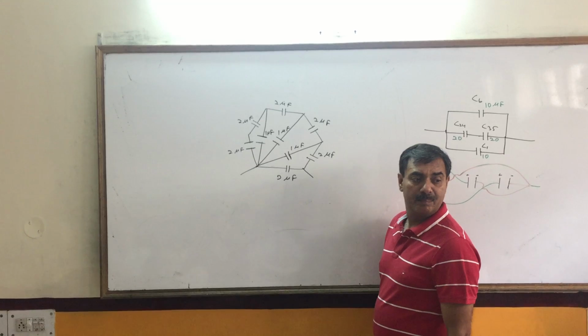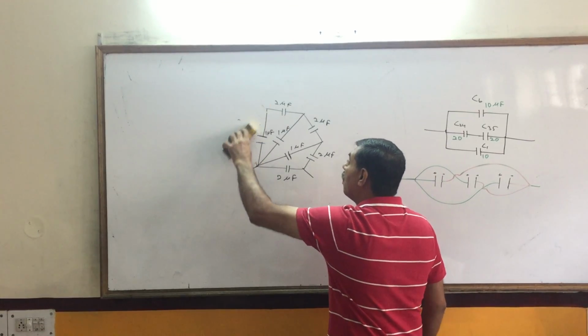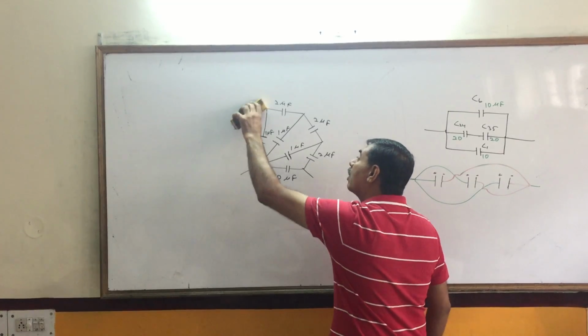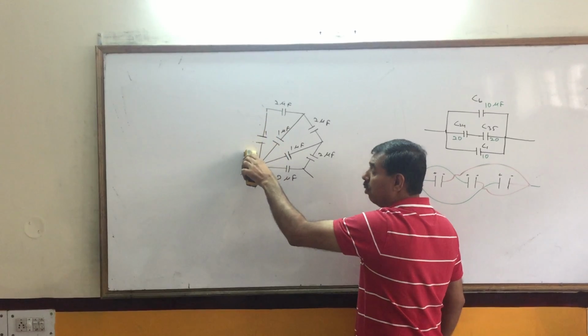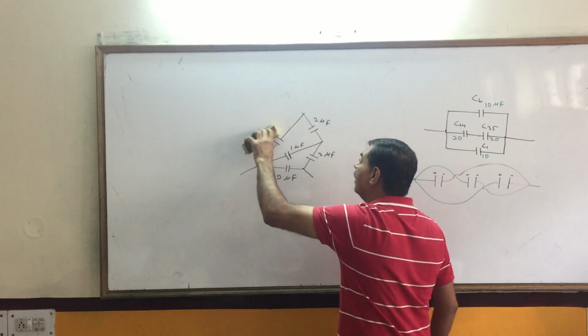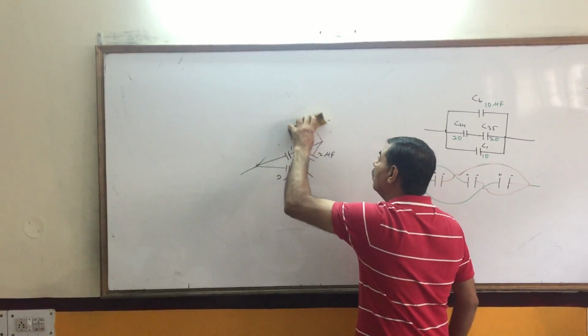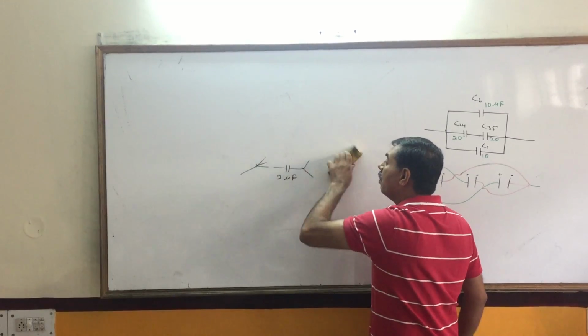This 2 and 2 is 1. Here there is a 1. 1 and 1 is 2. 2 and 2 is 1, 1 and 1 is 2, 2 and 2 is 1, and 1 and 2.